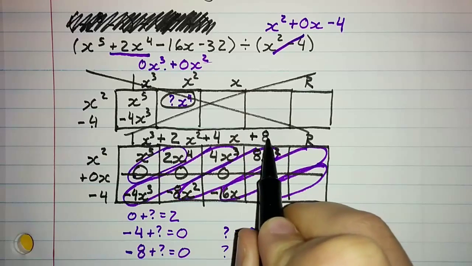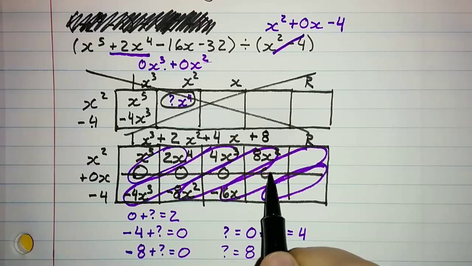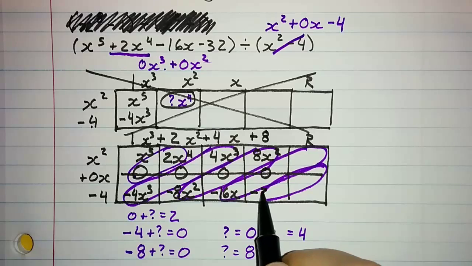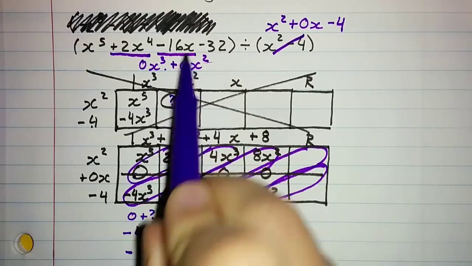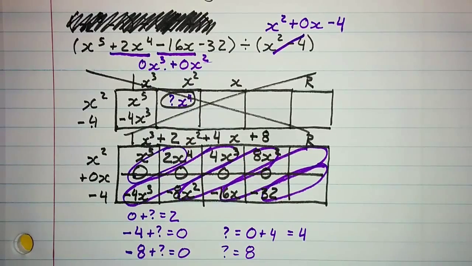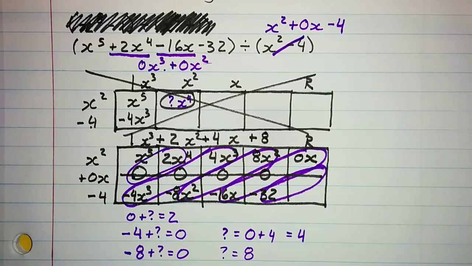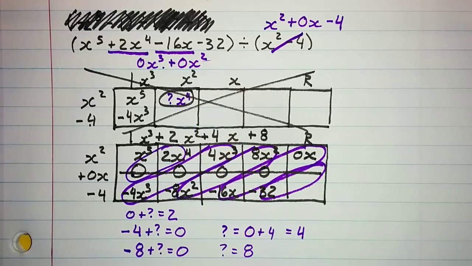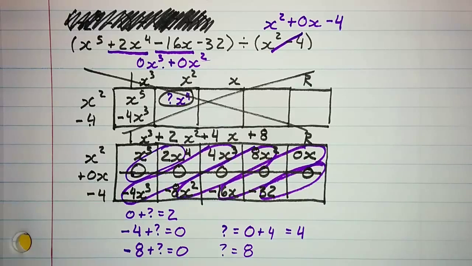Gotta be positive 8. 8 times 0x gives me 0. 8 times negative 4 gives me negative 32. All right, for my x term, I need negative 16. Already got it, so this is 0x. And for my constant, I need negative 32. Already got it, so this is 0 again.